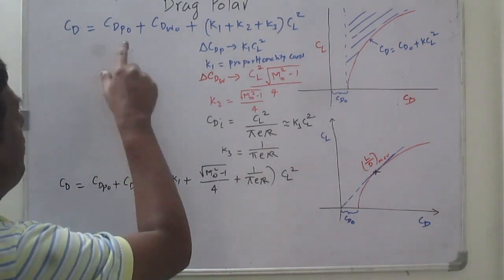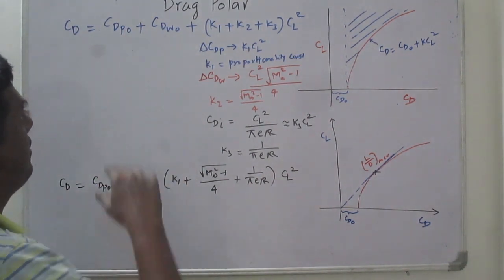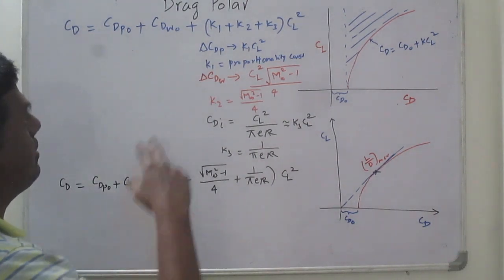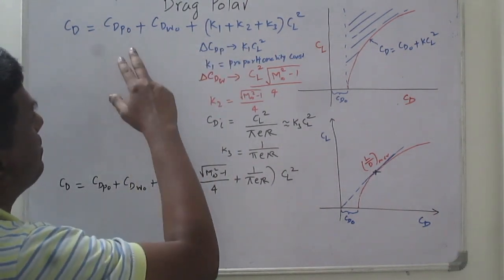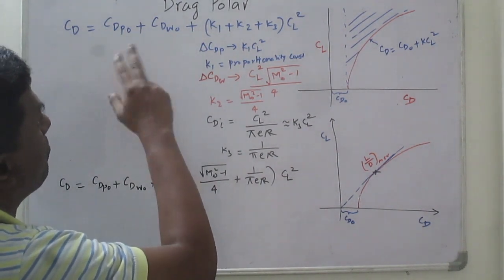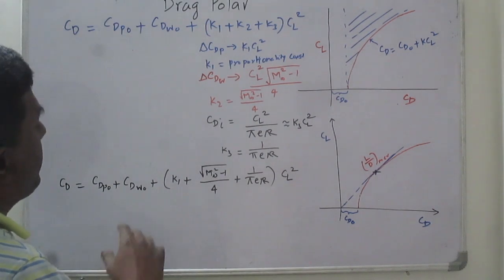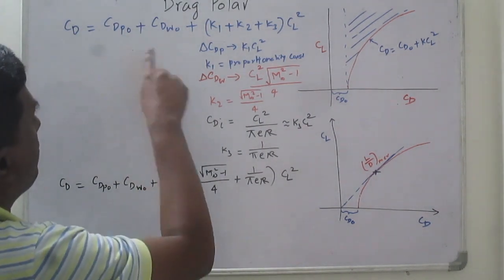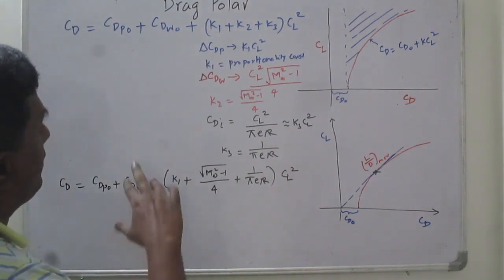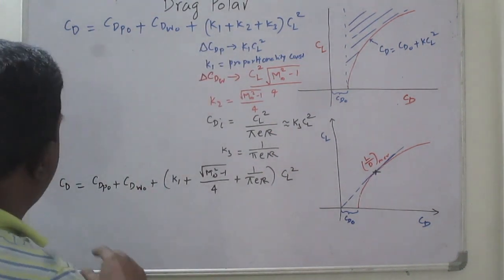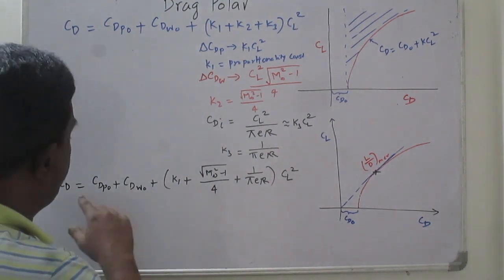Because the drag polar equation is the combination of all three drags, that means parasite drag, wave drag, and induced drag. All three drag components are included in the total drag equation. If you consider all the drag components, then our final equation will be like this.